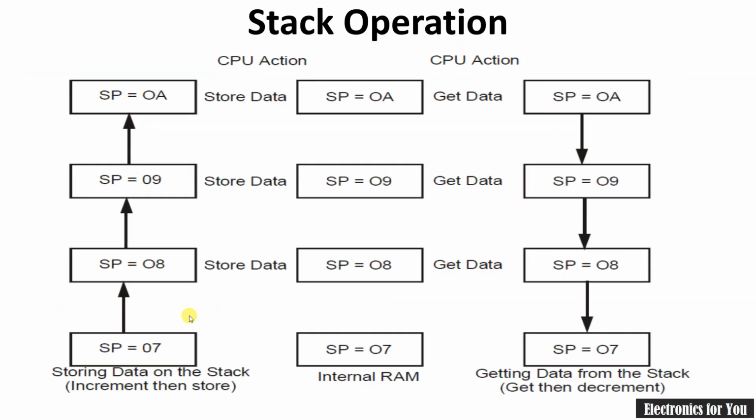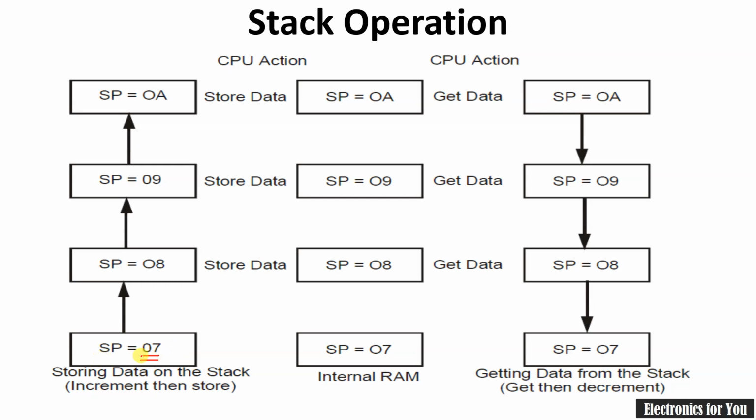Now let us talk about the stack operation in 8051. Note here that 8051 has two different operations, one when we store data and another when we get the data from the stack. Let us talk about storing data on the stack. If our stack pointer has the value 07H, it is indicating the address at which the current data is going to be stored.